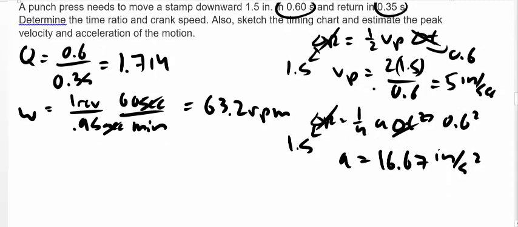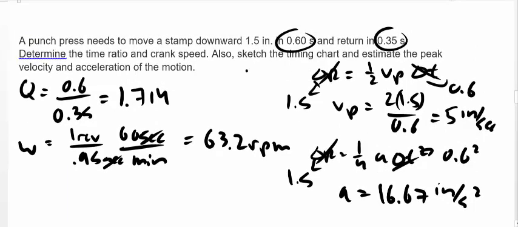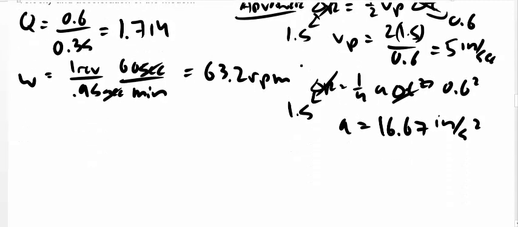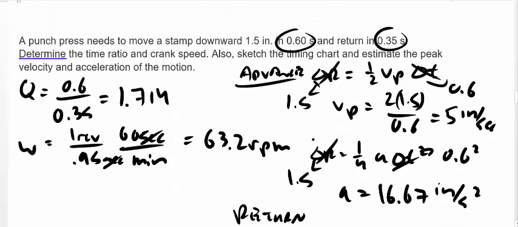Let's keep on going. That was for the advance. I want to make sure you're keeping everything situated here. That's for the advance. It takes 0.6 seconds to do that. We'll do the return, which happens in 0.35 seconds.